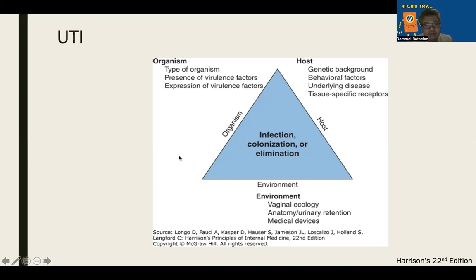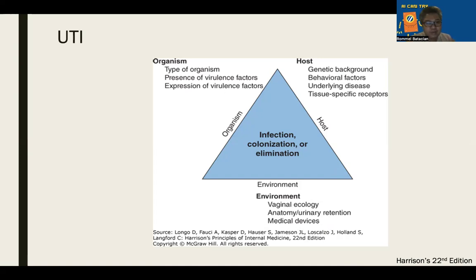In terms of pathophysiology, there's an interplay of these three factors: the host factors, the environmental factors, especially if the patient has a foreign body like a urine catheter, or there's any pathologic problem that causes anatomic abnormality and urinary retention, and the microbial factors also.